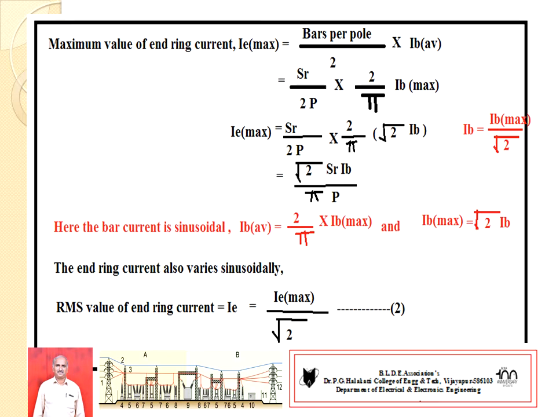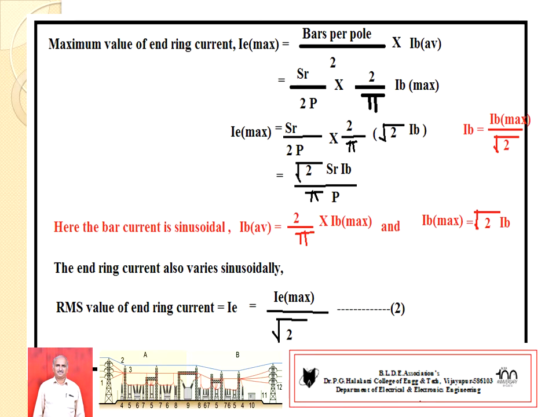Maximum value of end ring current, I_E maximum, equals bars per pole divided by 2 into the average value, I_B average. You can replace I_B average, which is equal to 2 by pi into I_B maximum. Develop the equation, then substitute this value.